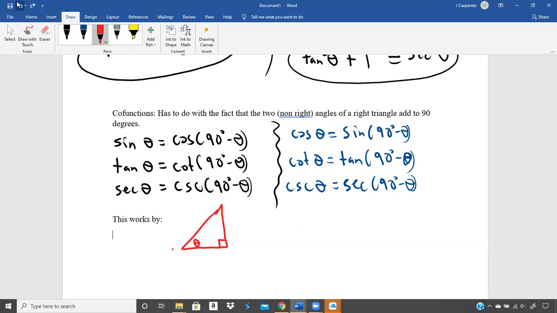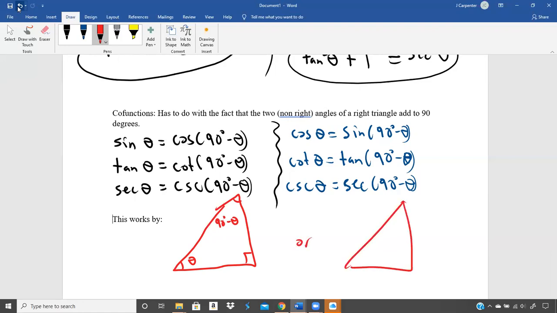So if the first angle is theta, the second angle has to be 90 degrees minus theta. If I call this angle theta, then that makes this one 90 degrees minus theta.